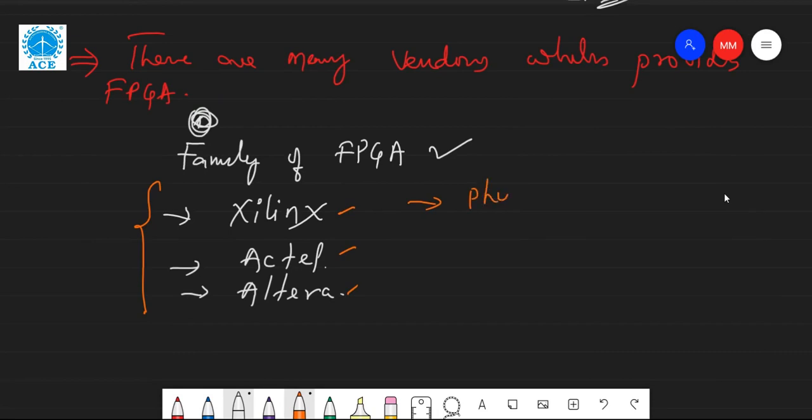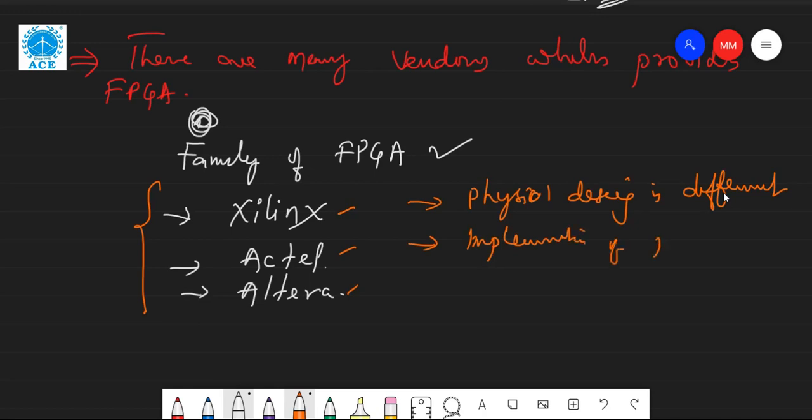The implementation of programming is also different, and the interconnection arrangements are also different.